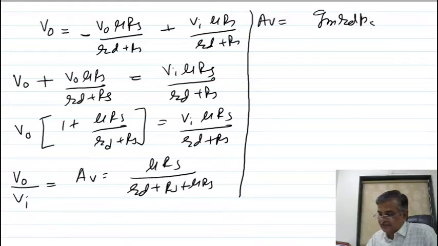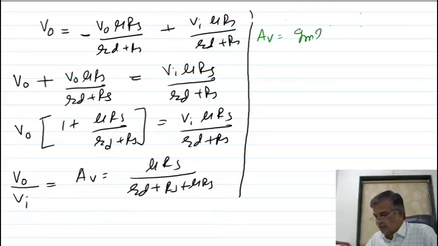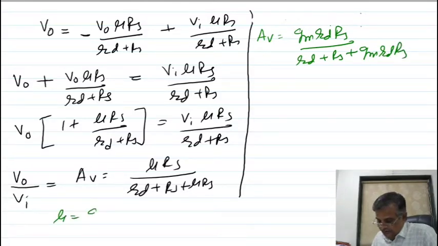So the voltage gain is mu RS upon RD plus RS plus mu RS, with mu equal to GM into RD, so I will get this equation.